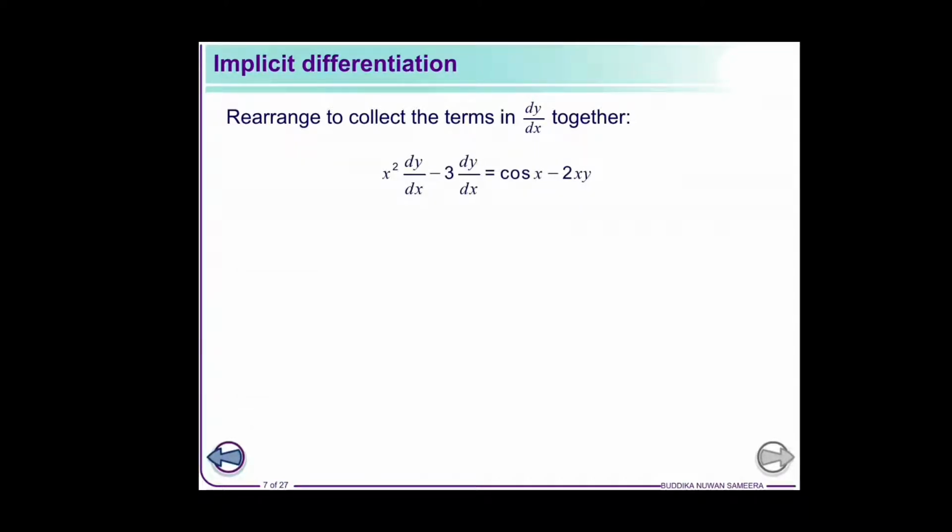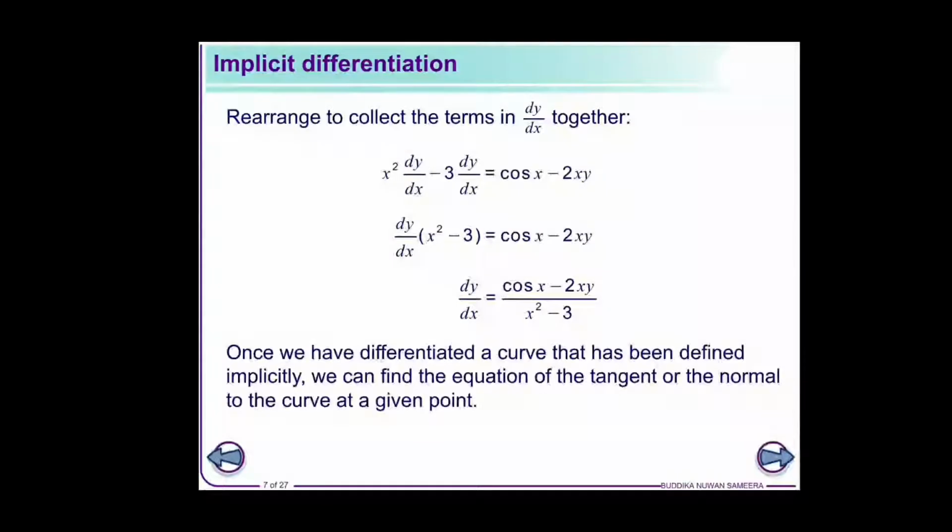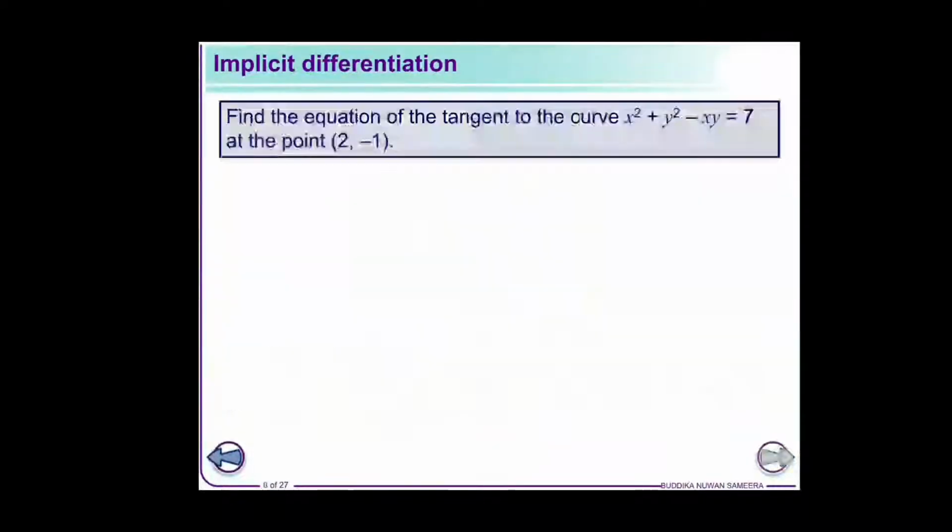All the dy over dx coefficients you can take to one side and send the other things to the other side, then take dy over dx out, then make dy over dx the subject. The answer is cos x minus 2xy divided by x square minus 3. So here also you can see x coefficients and y coefficients both are there in the dy over dx function.